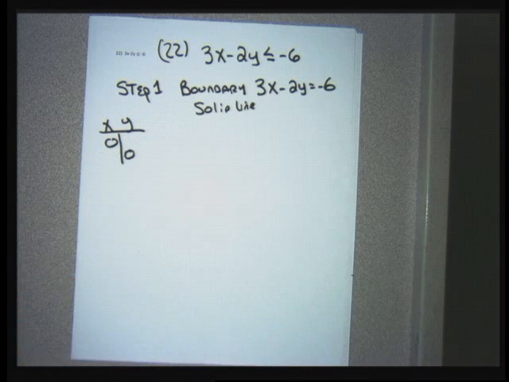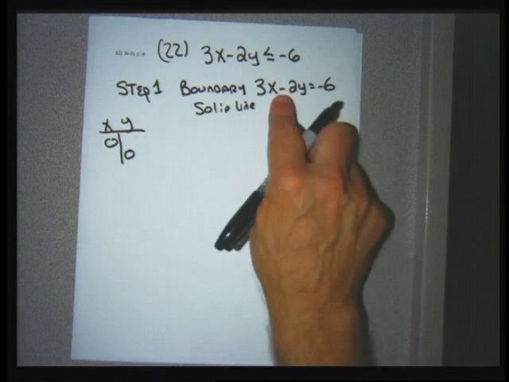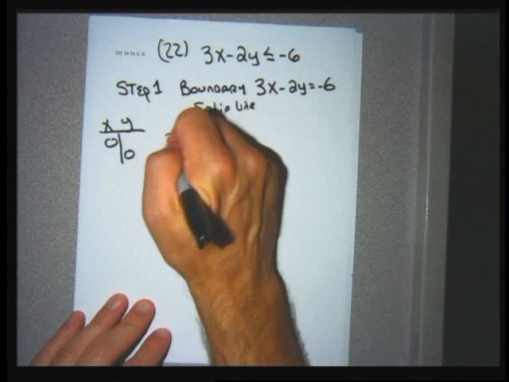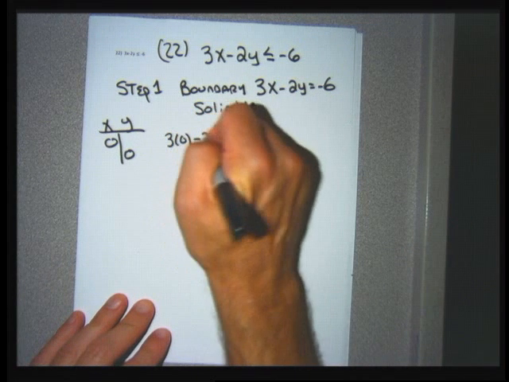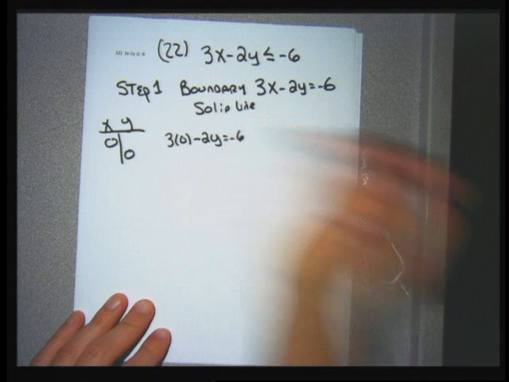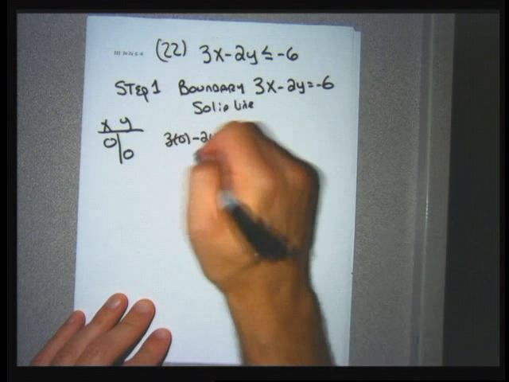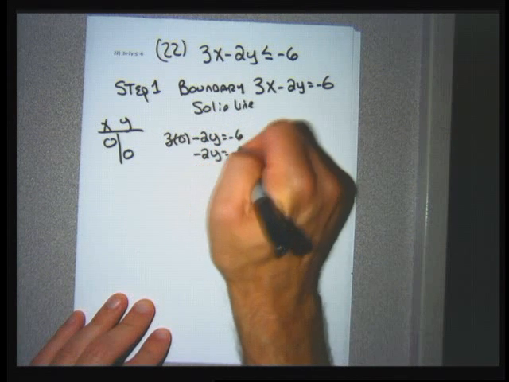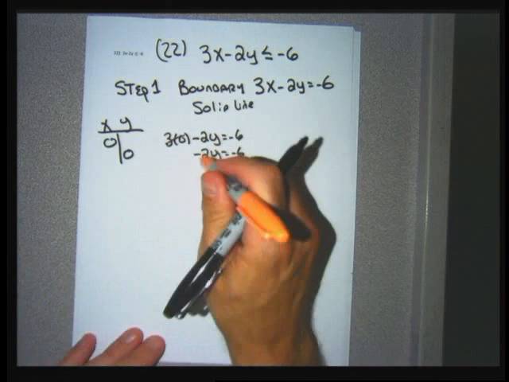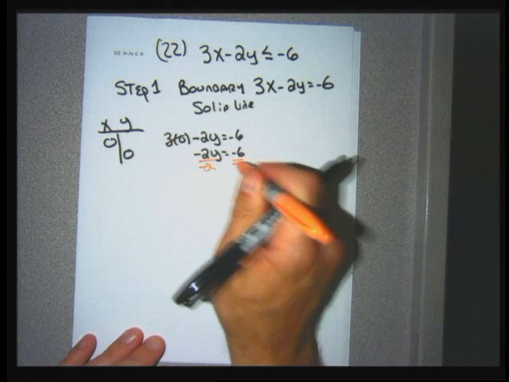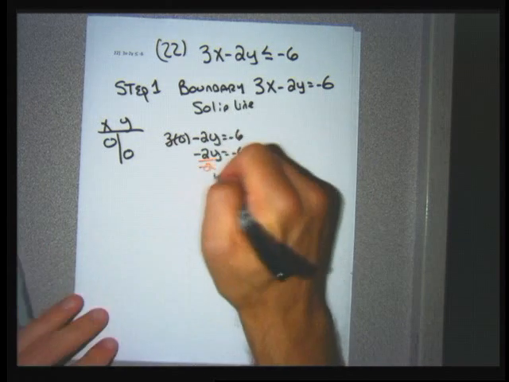So I'm going to plug some zeros in for x and y to get my intercepts. So into the boundary line, I'm going to go 3 times 0 minus 2y equals negative 6. This piece is going to zero out, leaving me with minus 2y equals negative 6. And if I divide both sides by negative 2, I get y equals 3.